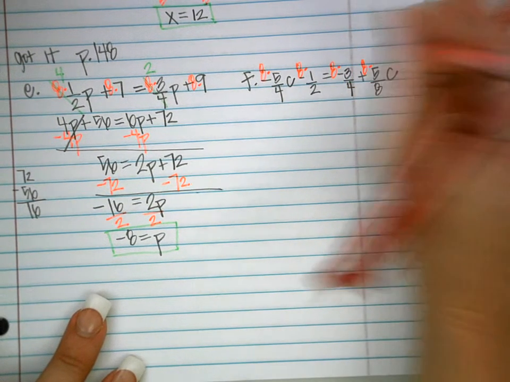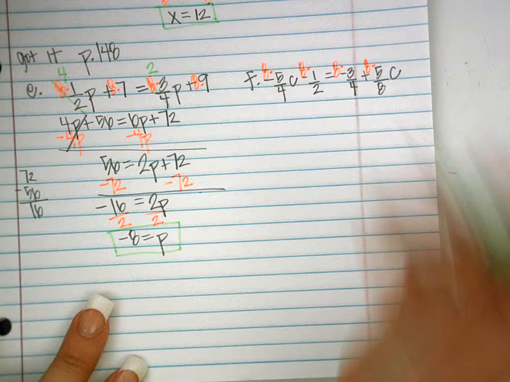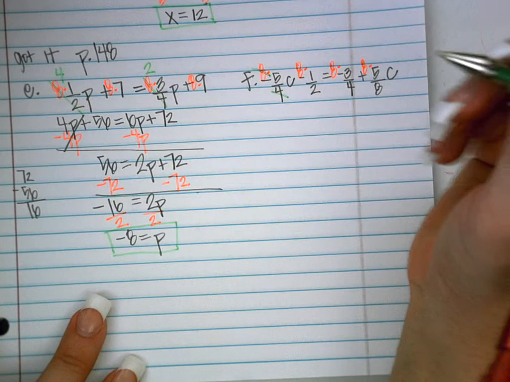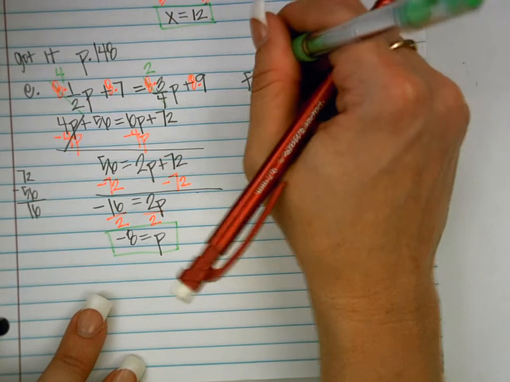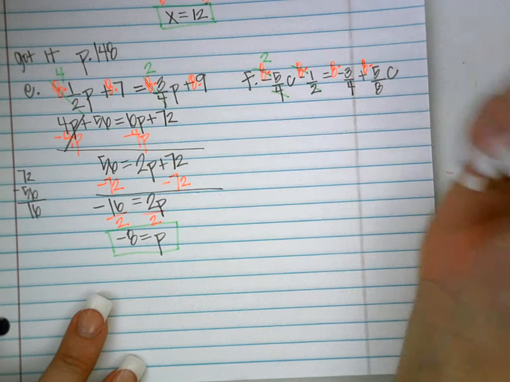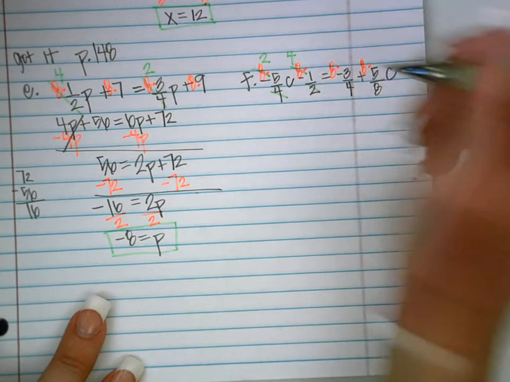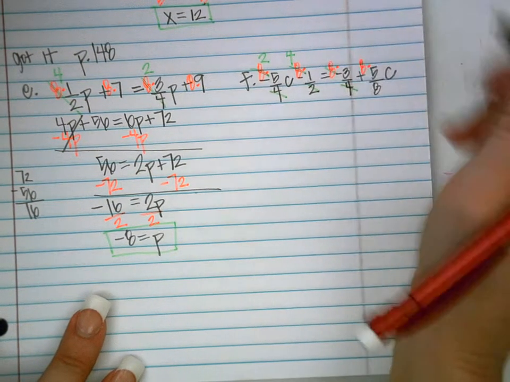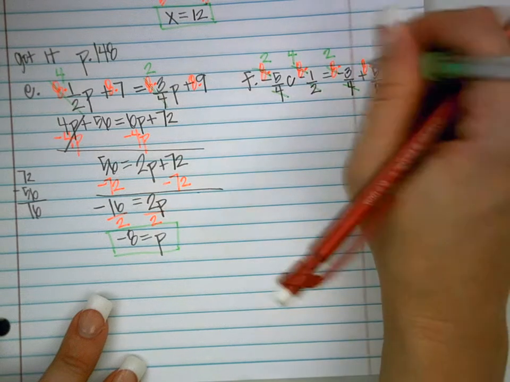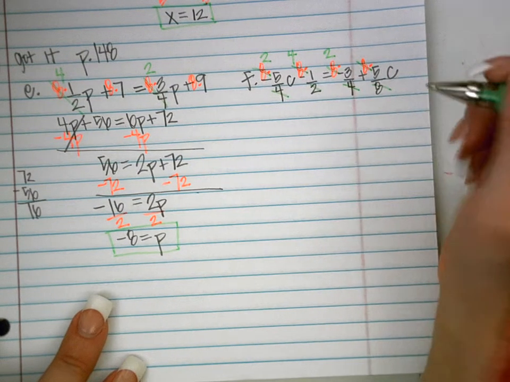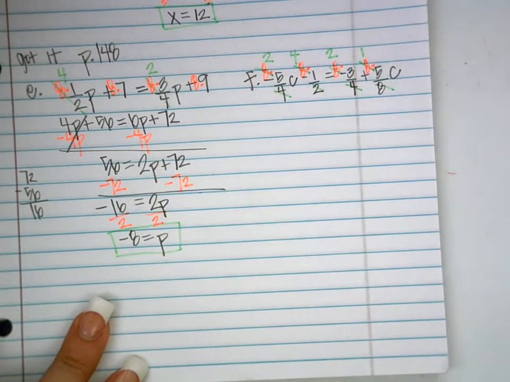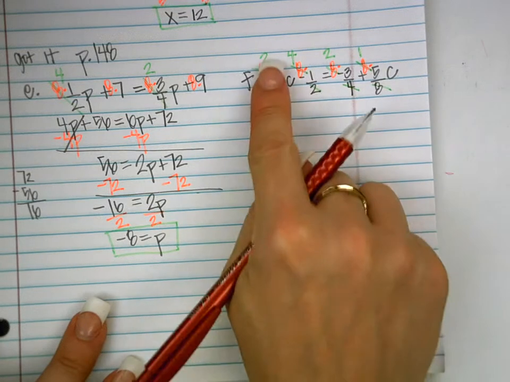Then cross reduce. 8 and 4 leaves behind a 2. 8 and 2 leaves behind a 4. 8 and 4 leaves behind a 2. And 8 and 8 leaves behind a 1. Then you have to multiply. What's 2 times negative 5 times C?